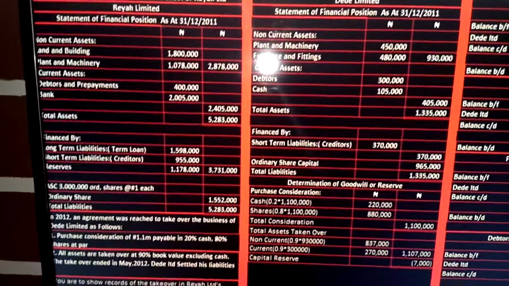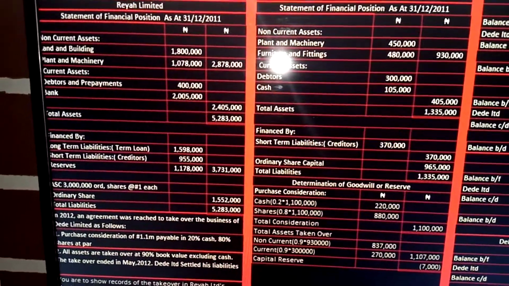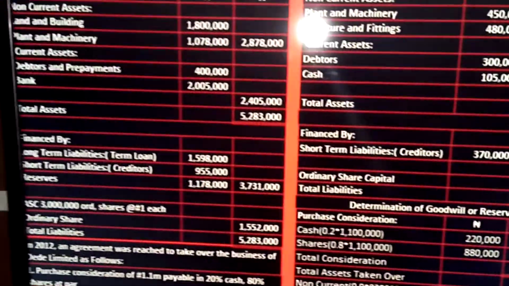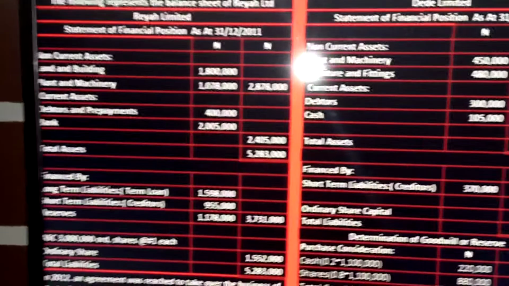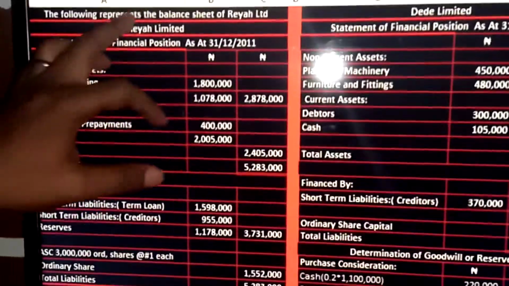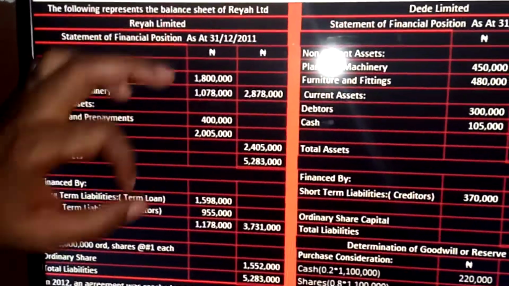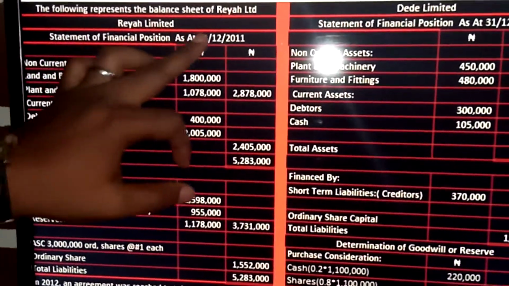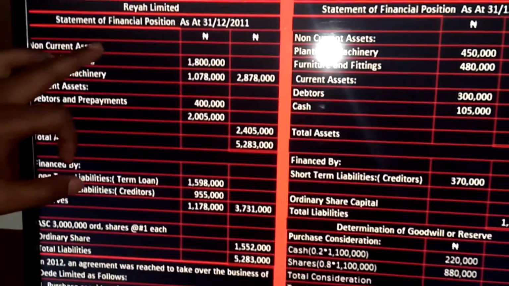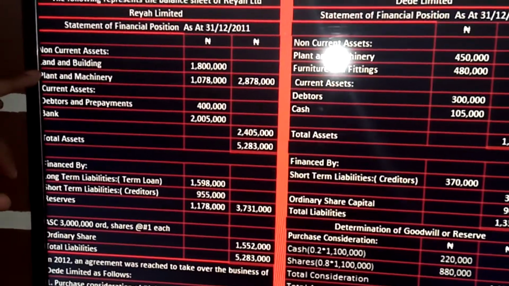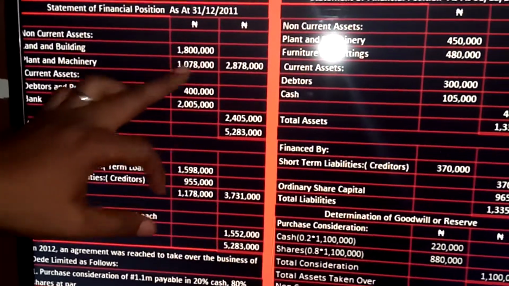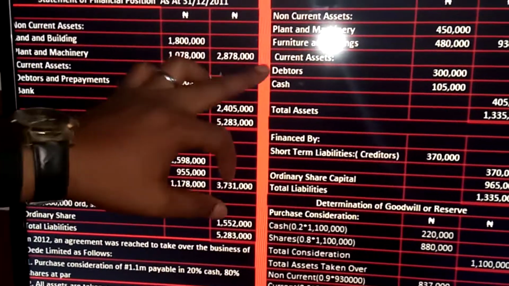So this is a quick question explaining a company taking over another company. What we have here is the following: the balance sheet of Raya Limited as at 31st March 2011. Non-current assets, land and building, machinery, 1,810,780 and 2,878.